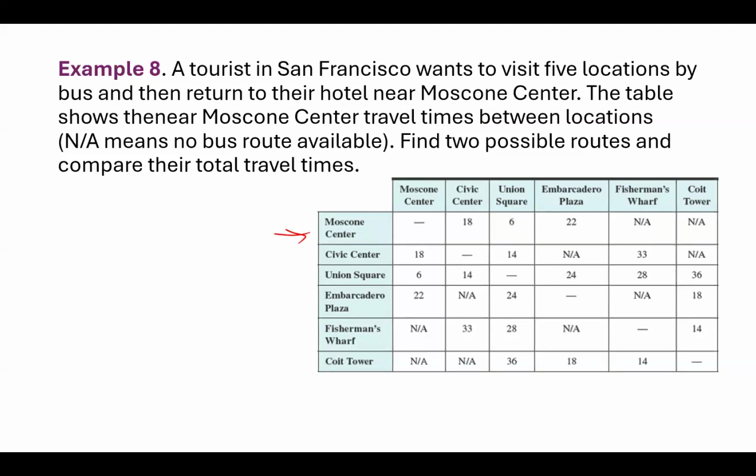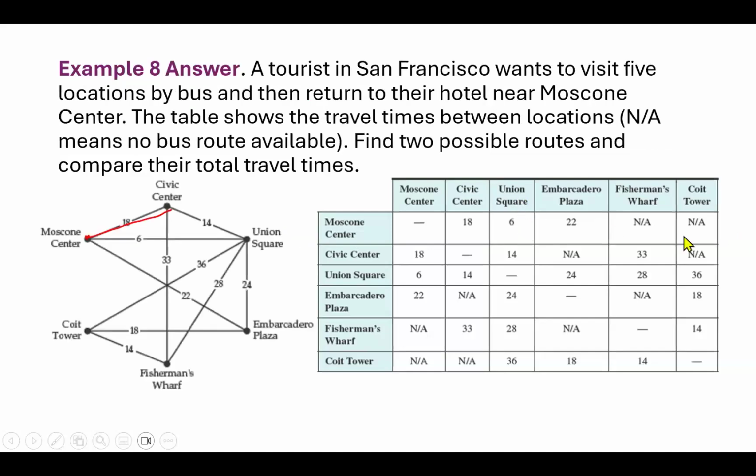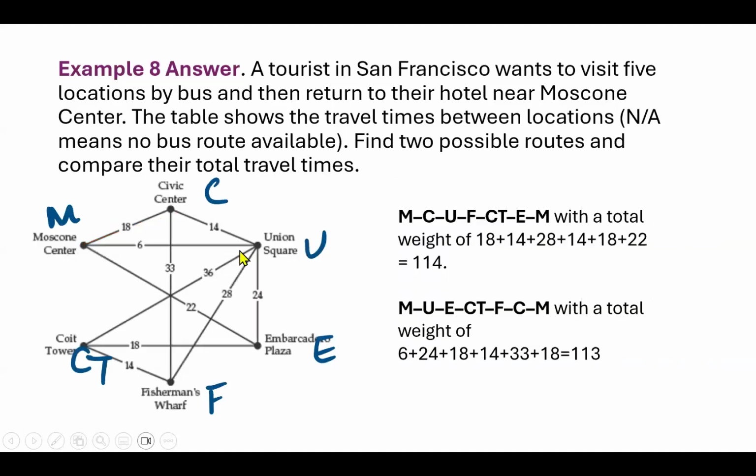And notice that you have the travel time. From Moscone Center to go to the Civic Center, that is 18 minutes. To go to Union Square, that would be 6 minutes, and so on. Well, this is the graph. And the idea is, for example, this person could start at Moscone Center and then go to the Civic Center and so on.